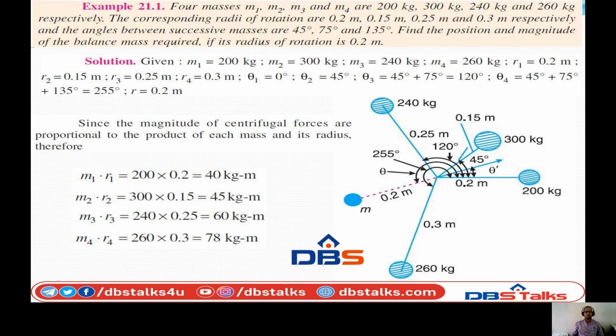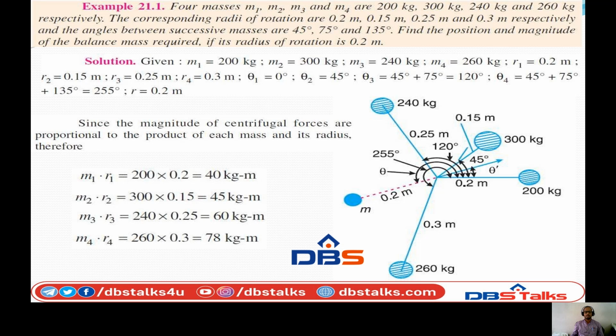Then draw the angular position diagram. This is a very important diagram to position the final balancing mass and disturbing masses also. Then let us draw a horizontal line.